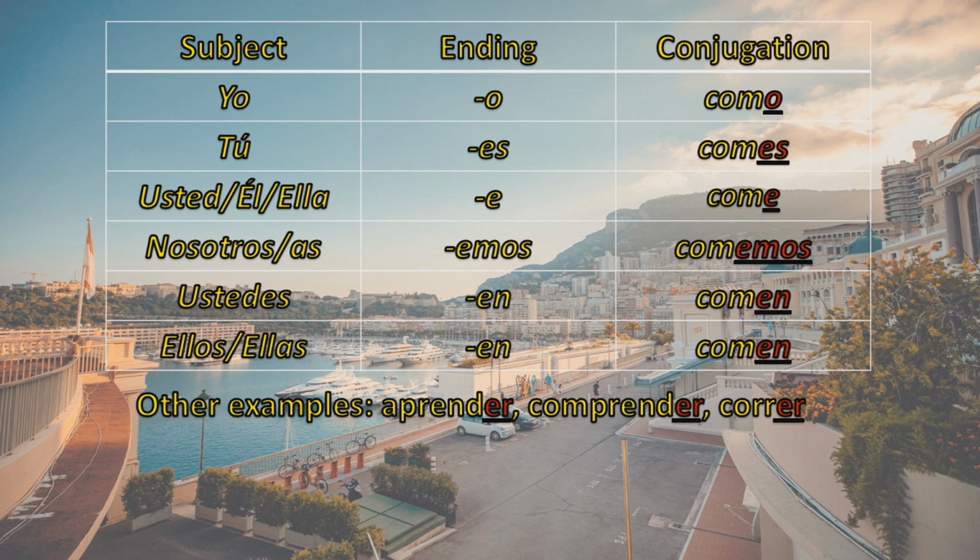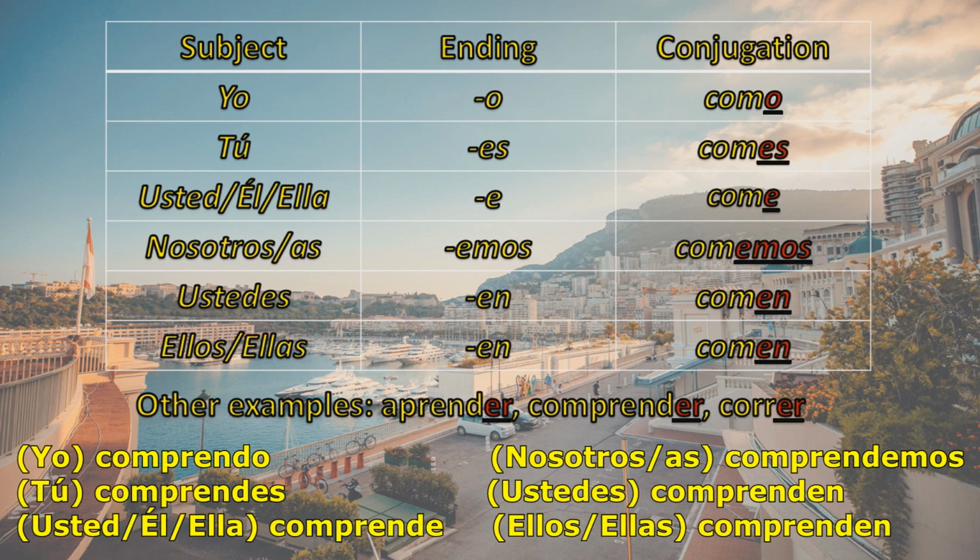I also have, as an example, the verb comprender, that is like to comprehend or to understand. So I say, yo comprendo, tú comprendes, usted comprende, él comprende, ella comprende, nosotros comprendemos or nosotras comprendemos, ustedes comprenden, ellos comprenden, ellas comprenden.